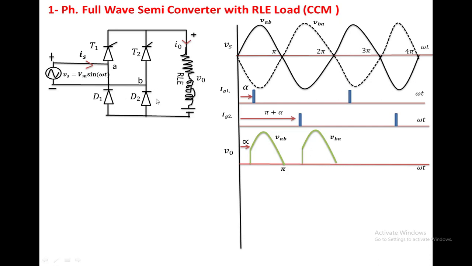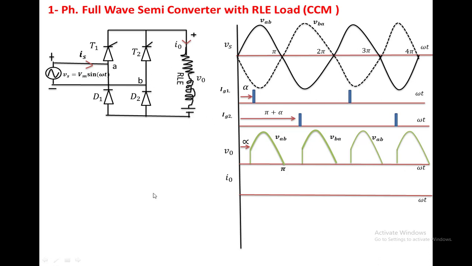On the same leg, again T2 and D2 are conducting. Now the load current passes through the load, T2 and D2 in this manner, so again the output voltage will be 0. In the same circuit operation, from pi to pi plus alpha, freewheeling action takes place through T1, D1. From 2 pi to 2 pi plus alpha, again the freewheeling action takes place through T2, D2.